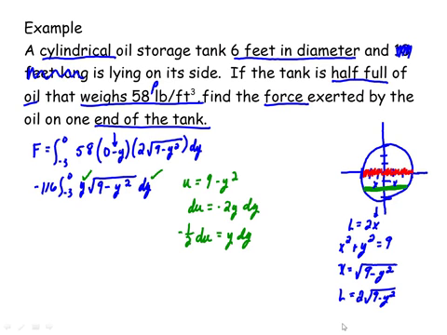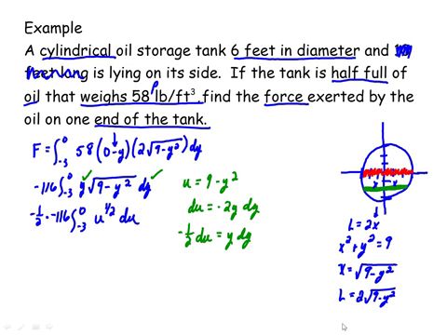So what we're going to do is multiply negative 1/2 times that negative 116. And then the integration. But now we have u to the 1/2 du.